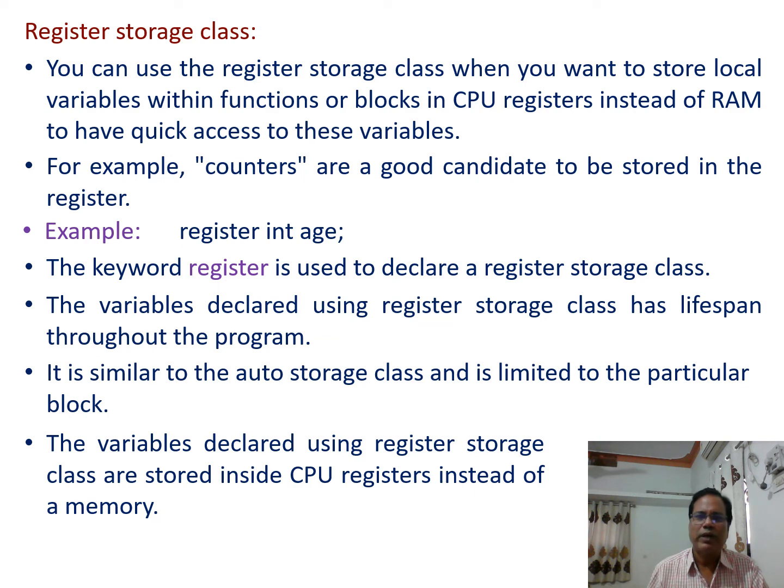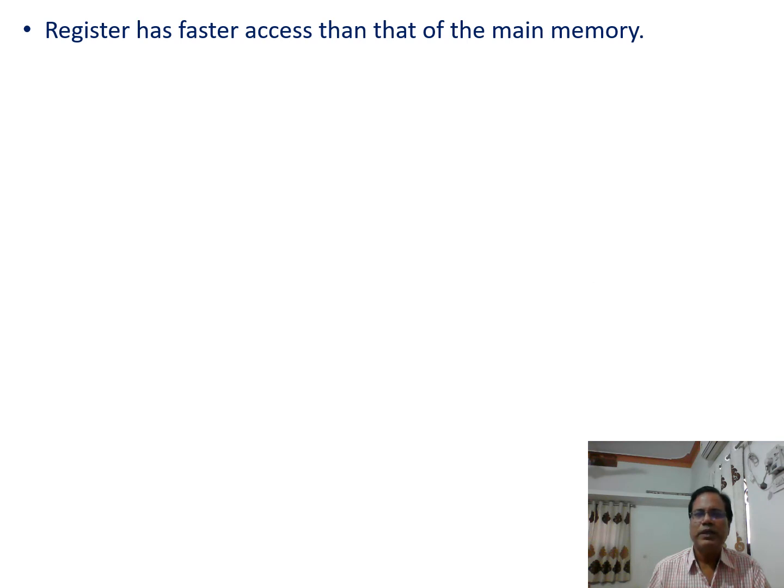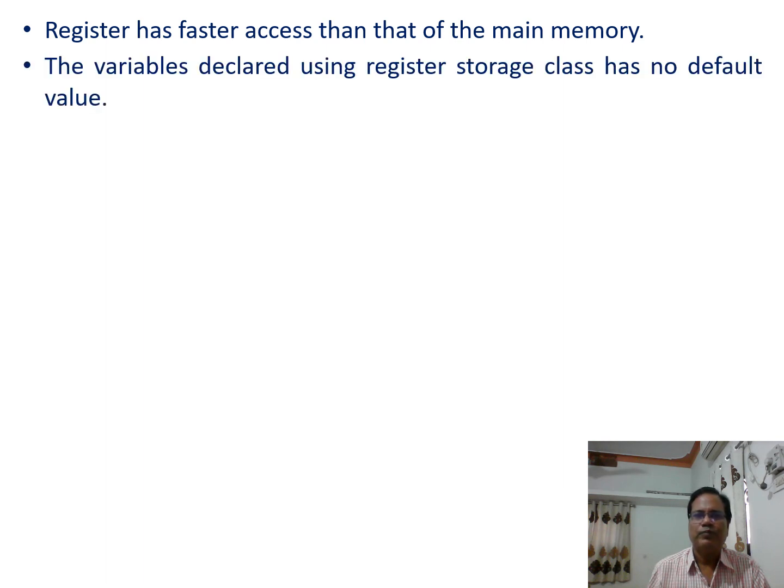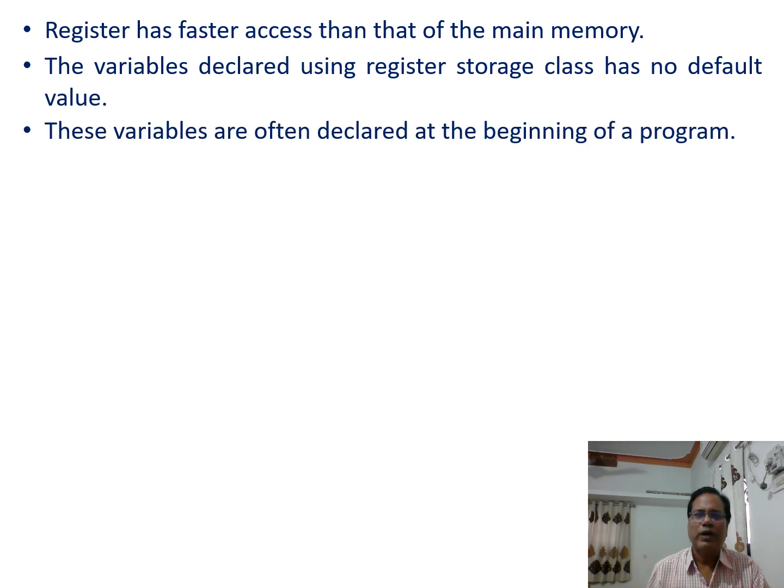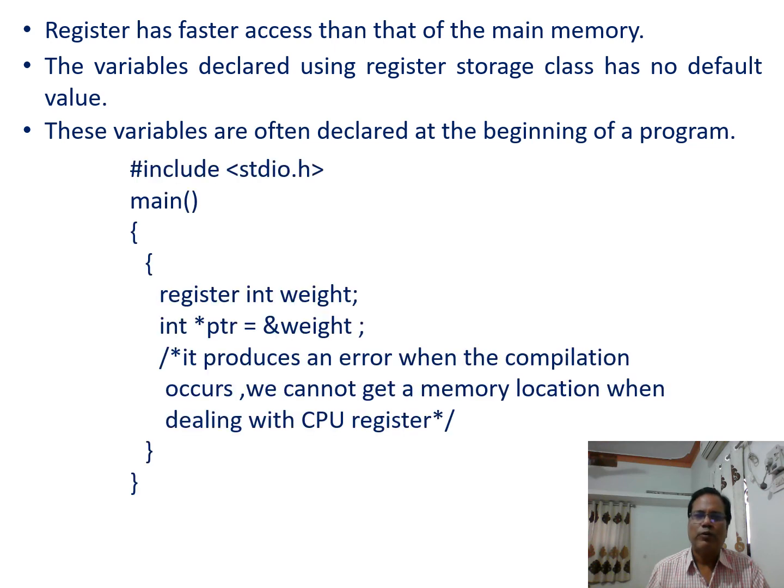So whenever any variable is declared in the register storage class, the data corresponding to this variable is stored in the register of the microprocessor. A register has faster access than main memory. The variables declared using the register storage class have no default value. These variables are often declared at the beginning of a program.